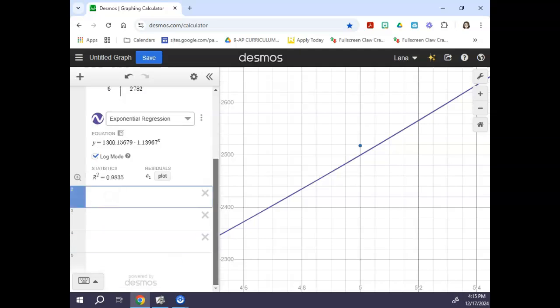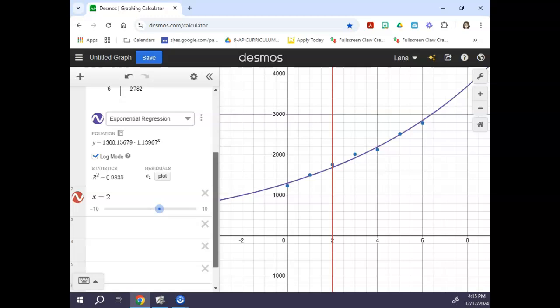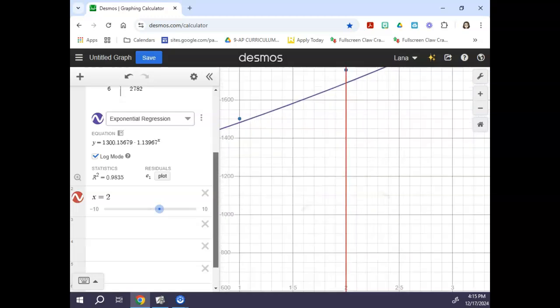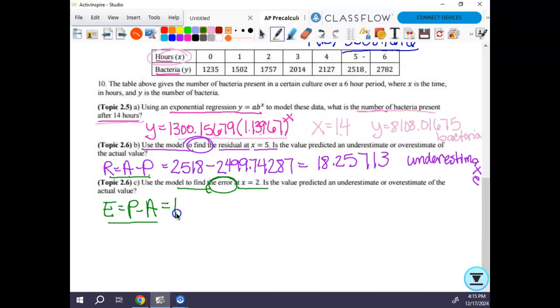At x equals 2, find that right here. Bam, right there. 1688, okay? So this is 1688.71193 minus the actual, which is 1757.